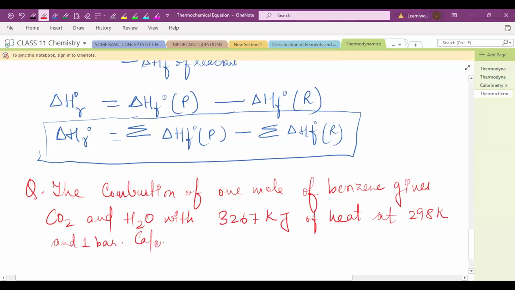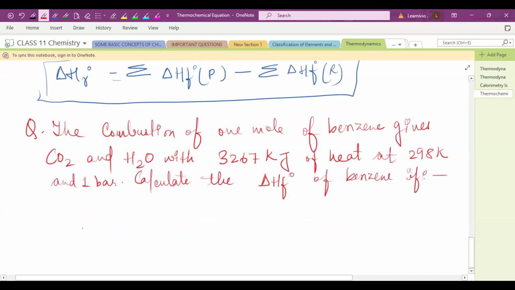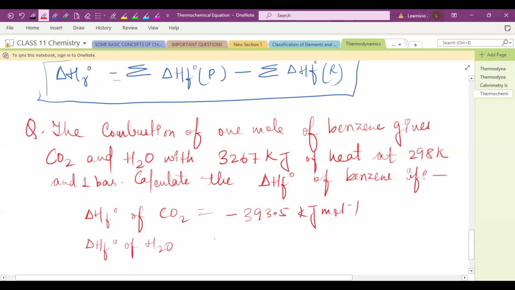So we have to calculate the standard enthalpy of formation of benzene, if delta HF naught of carbon dioxide is minus 393.5 kilojoule per mole, and the delta HF naught of water is minus 286 kilojoule per mole.